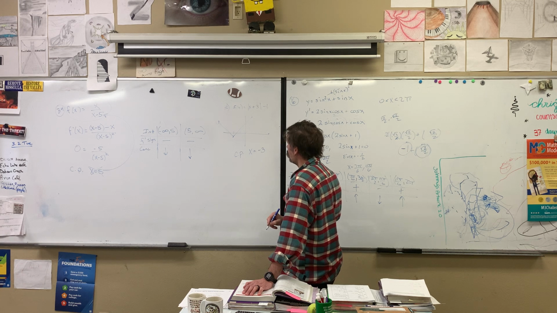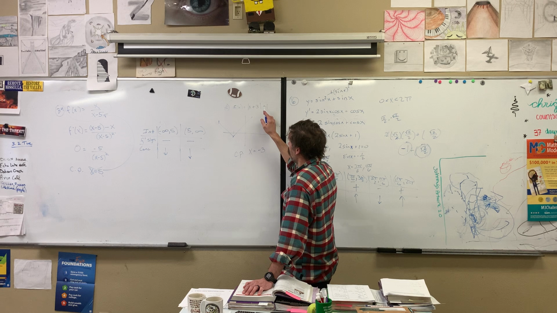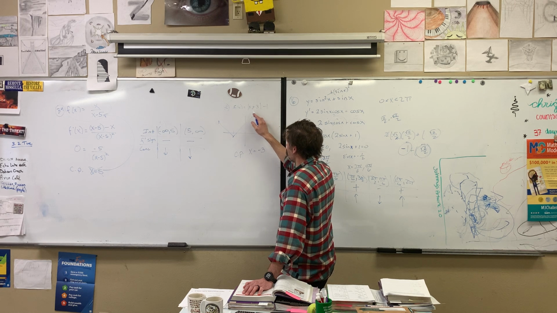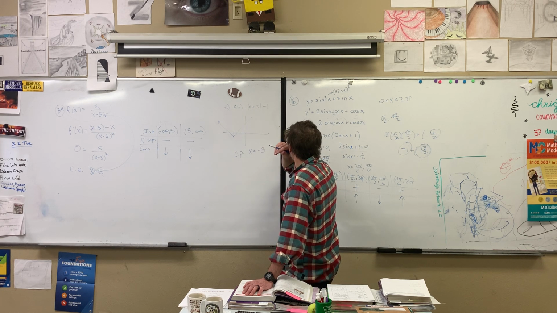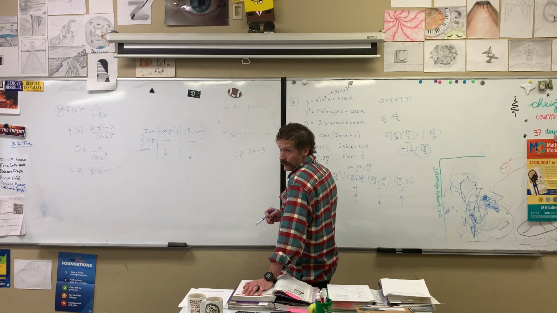So at negative 3 we have a critical point, and we can't take the derivative of this, we don't have a special formula for it, but we can think through what the sign of the derivative is.